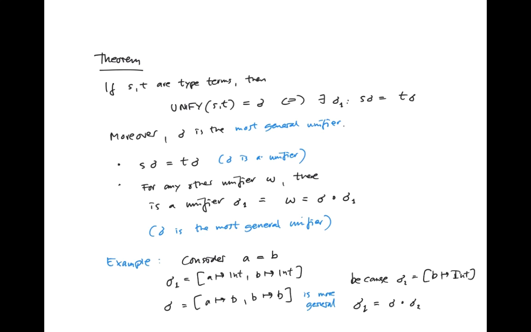First we map both A and B to B, and then we map B to int. So sigma 1 is less general than sigma. Sigma is the most general unifier here.